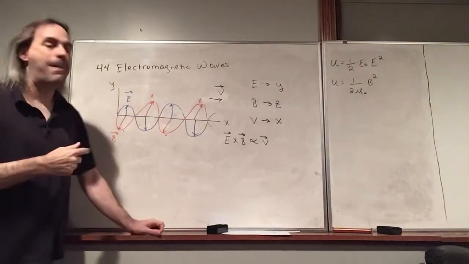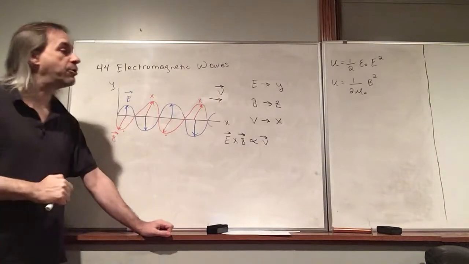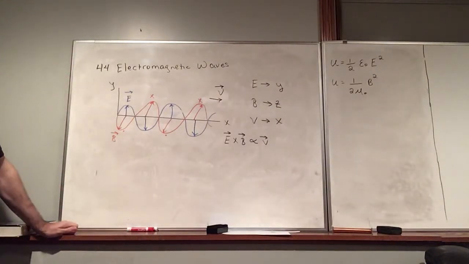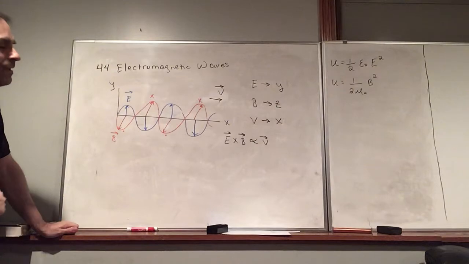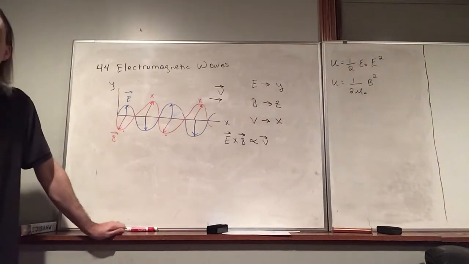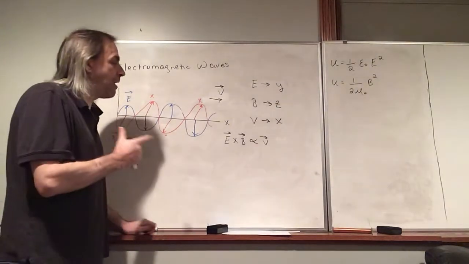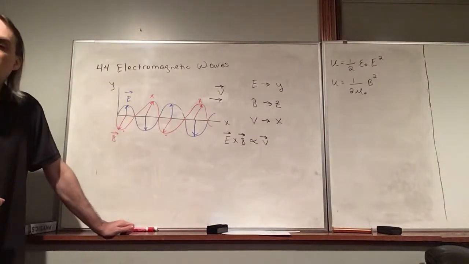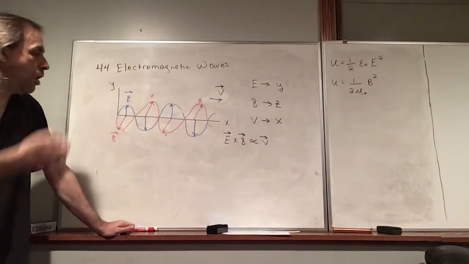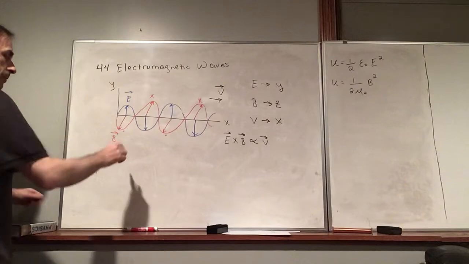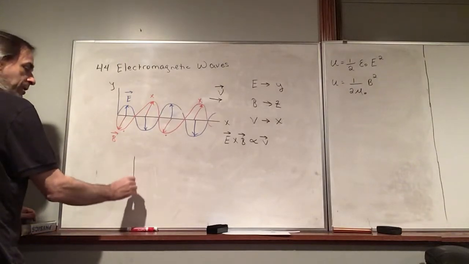We can also look at the magnitudes, and we're going to see how the magnitudes of the electric and magnetic fields are related. And because there is a relation there, we can describe a wave just by drawing the electric field. So if I were to give you a wave, let me draw a new coordinate system.